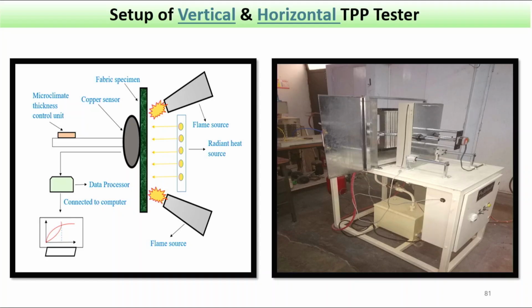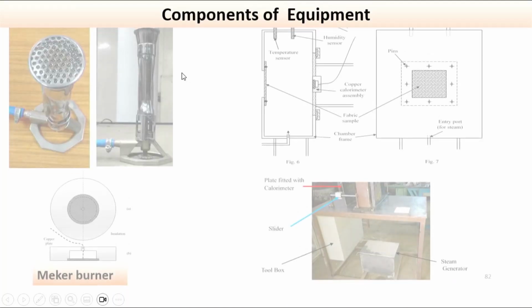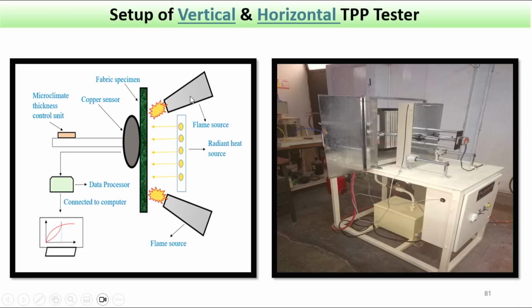So, two types of instruments we have developed, one in which the fabric is kept in a vertical orientation, and we can also have the horizontal orientation. Now, let us try to see the TPP tester.